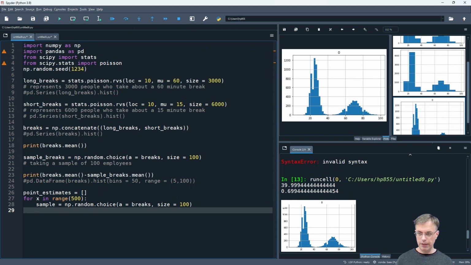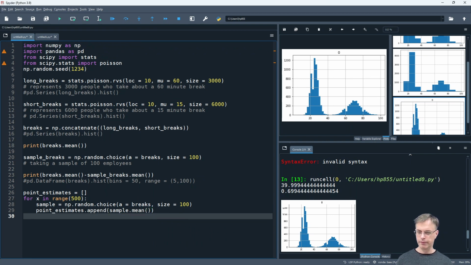Now we need to append them, so point_estimates.append, we create just a list, sample mean, done.